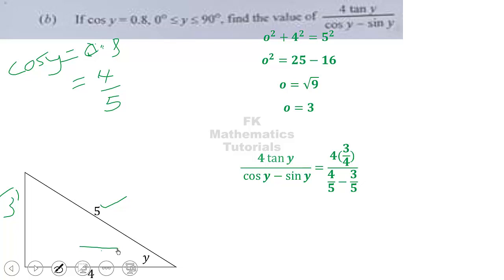Then sin y is opposite over hypotenuse, which is 3 over 5. Now we need to cancel out here. So we have 3 over 1 over 5. And that will give us 3 times 5, which is 15.